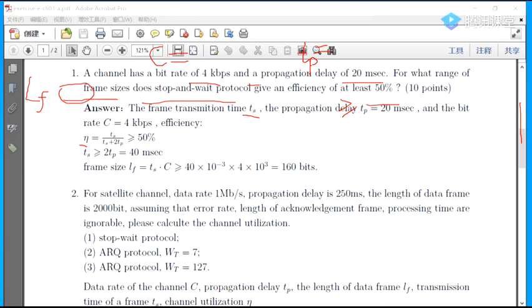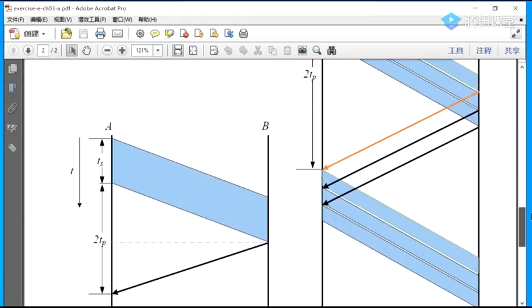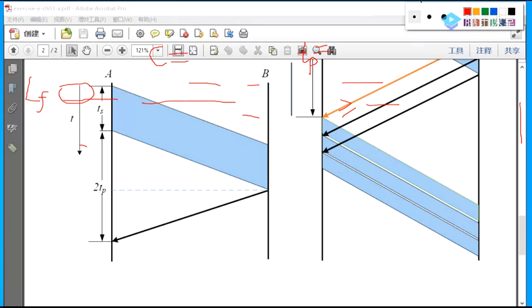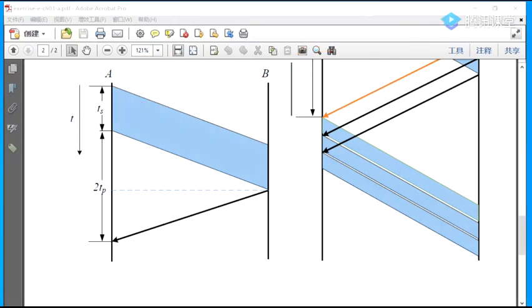Why? In the stop and wait protocol, if the transmitting time of a frame is TS and the propagation delay from A to B is TP, then from B to A it is also TP.